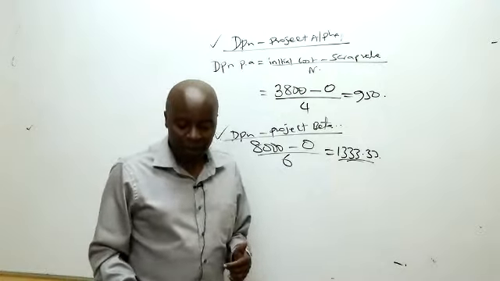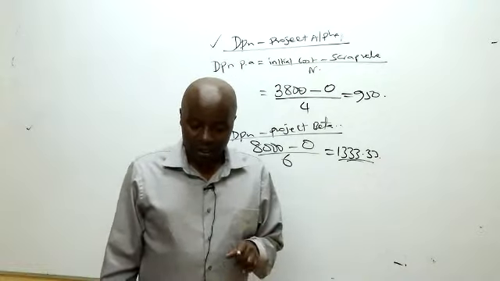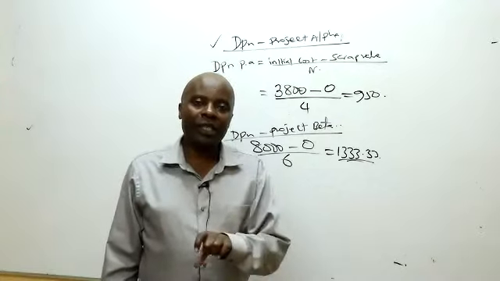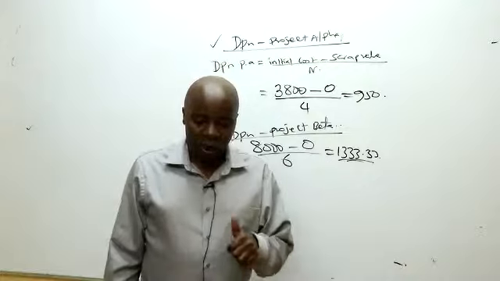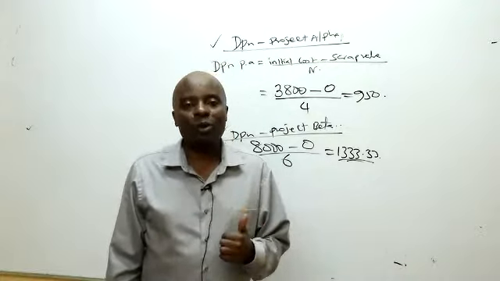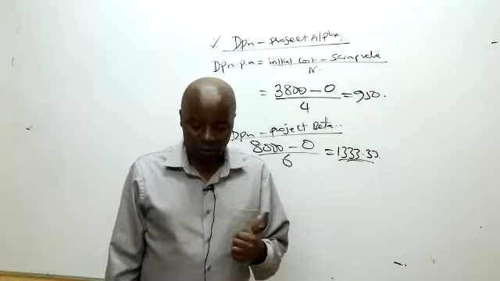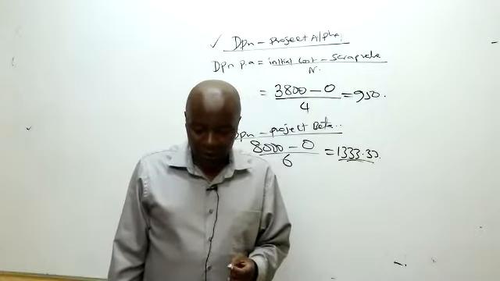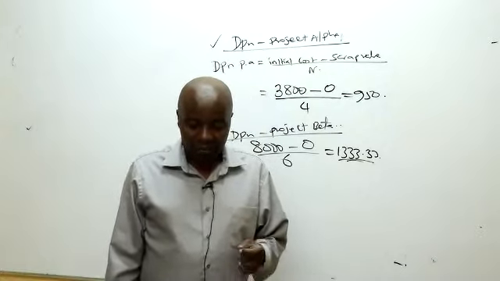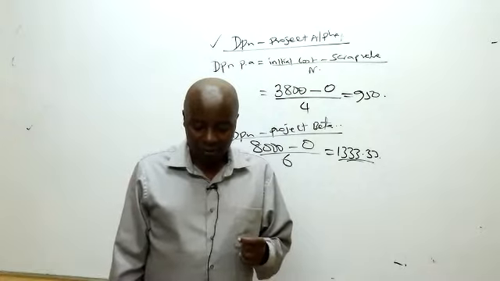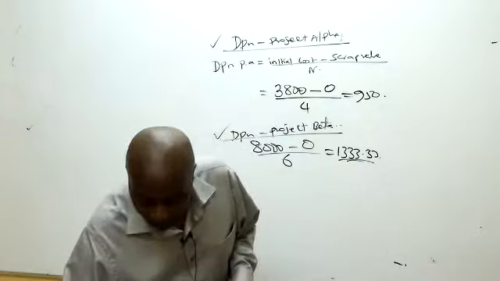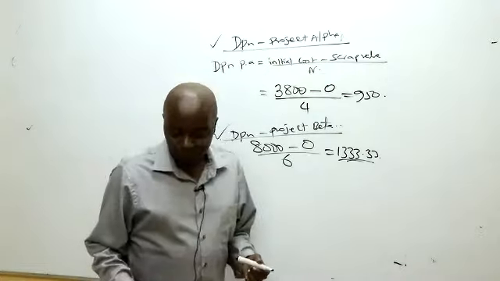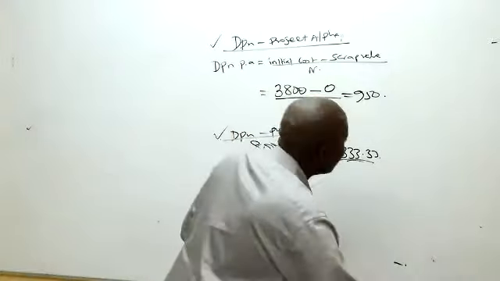Now, ladies and gentlemen, look at the question, it required using the discounted payback period method. So the key thing there is discounted. And remember, we do not discount profit. We normally discount cash flows. So you can see there they have given us the Project Alpha pre-tax cash flows.